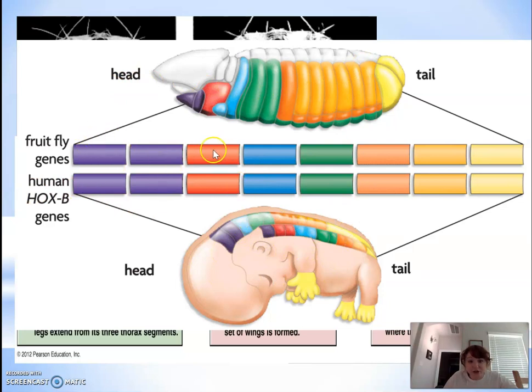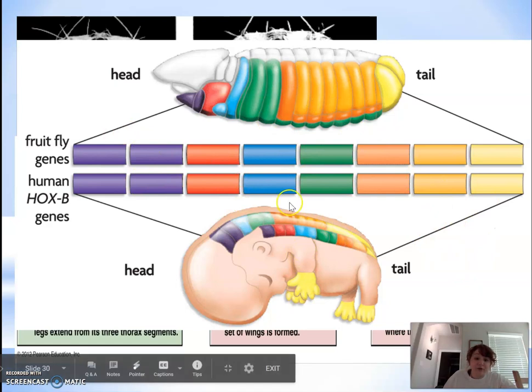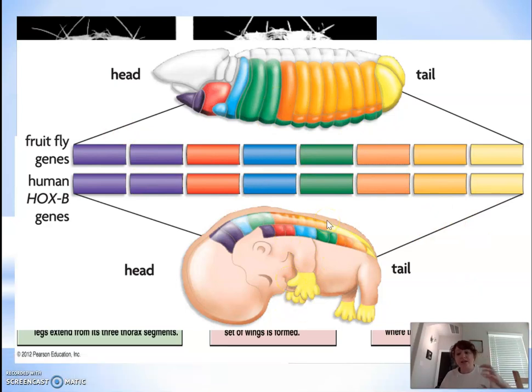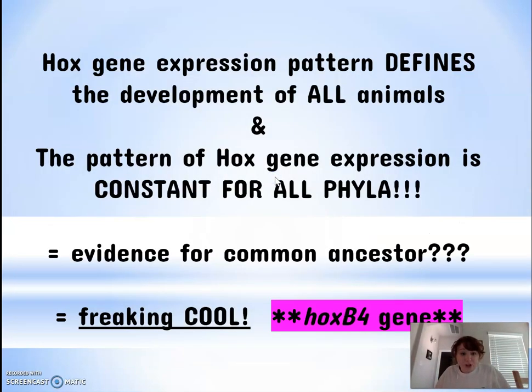These are the genes that coincide in both humans and flies. So you can see that the Hox genes are conserved and variable throughout different species. Hox gene expression pattern defines the development of all animals, and the pattern of these genes is constant for all phyla. So this shows evidence for a common ancestor.